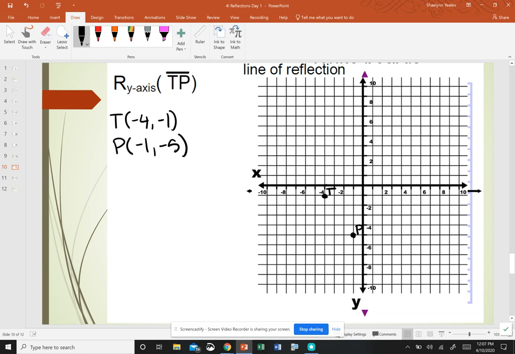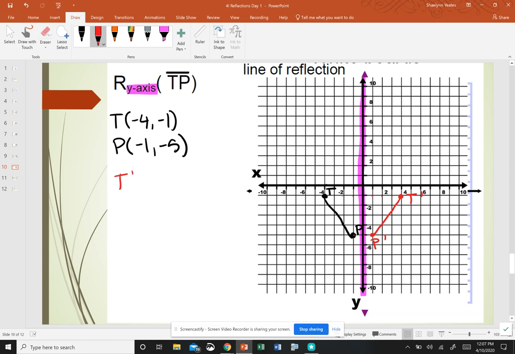So here's P. So here's my original line TP, and it wants me to reflect over the y-axis. Well, this is the y-axis, so I'm going to reflect over that. Originally, P is only 1 away, so now we're going to put it only 1 away. So here's P prime. T is only 1, 2, 3, 4 away, so it's going to be 1, 2, 3, 4 away. Here's T prime. Isn't that beautiful? So there's my new one.